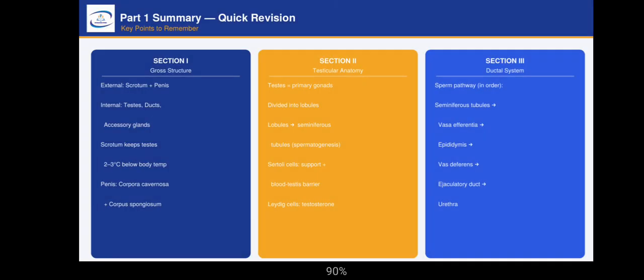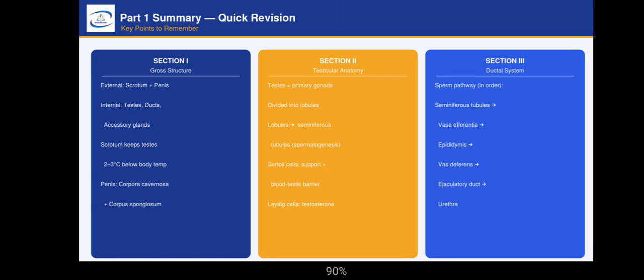All right, so summary. We've talked about the structure of the external genitalia, the scrotum and the penis. We have talked about the corpora cavernosa, the corpus spongiosum, and the testes.